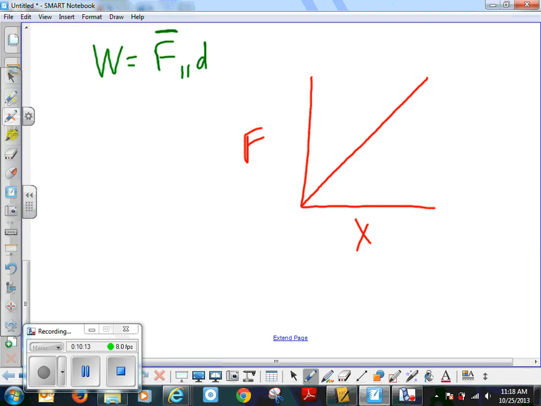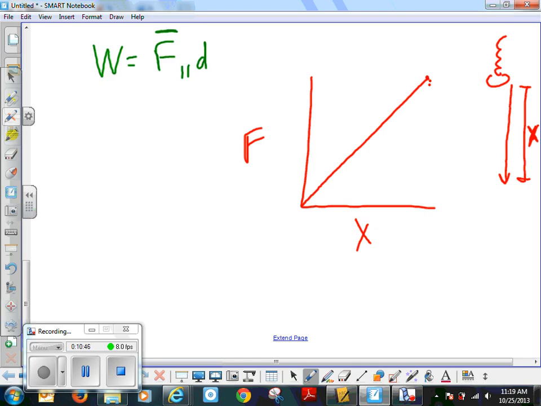Okay, so if I'm trying to figure out how much work a spring can do, I'll say that I'm going to move this spring down by a displacement of x, being this x right here. Then I have to look at that, because I get one measurement when I compress or stretch a spring, and that's how far it's displaced.